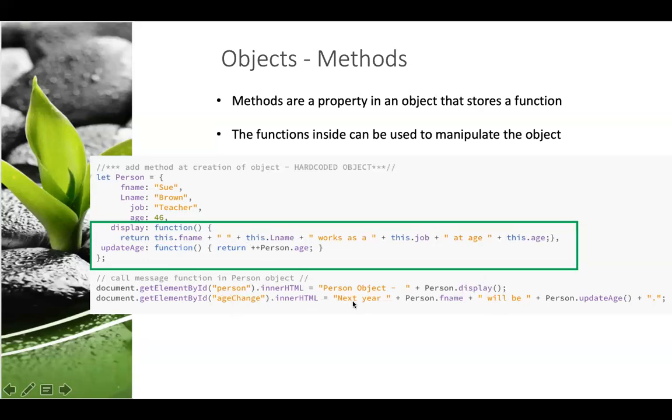And the same situation would be here. Next year, we're getting the person.firstName, which is Susan, and then we're going to run the update age function. It's going to take the person's age, add 1 to it, so it would say 47 with a period. Sorry that was so boring and probably killing you guys.